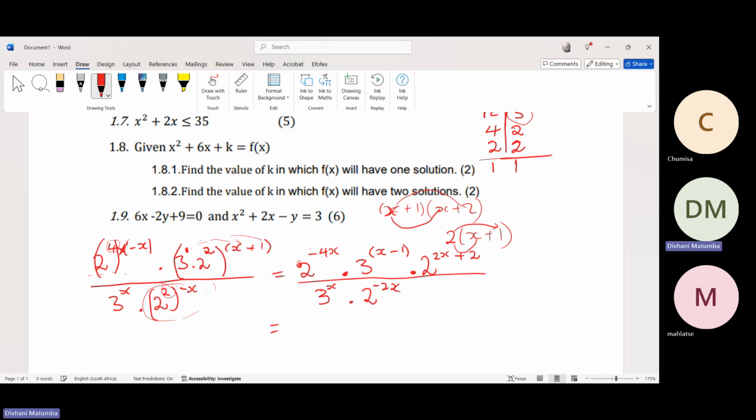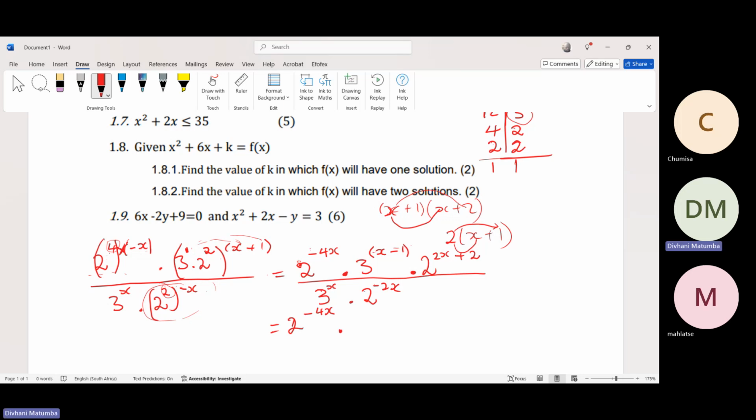We still have to solve the numerator further, which in this case, we will have 2 to the power of minus 4x times, I want to get rid of the brackets.